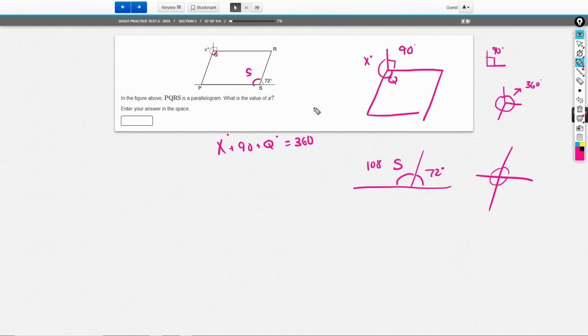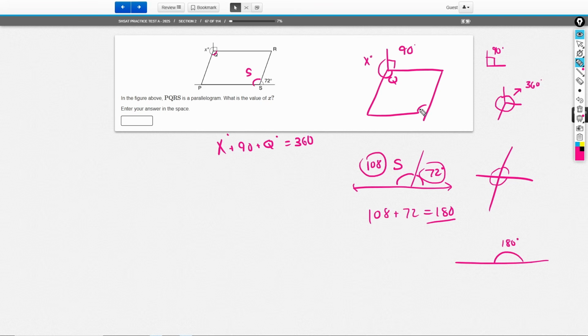Why? Well, S and this 72 lie on a straight line, a flat line. The flat line always has an angle measure of 180 degrees. So if I have 72 degrees over here, I must have 108 degrees on this side, because 108 plus 72 is equal to 180, which is the measure of the flat line. So I need S to equal 108.